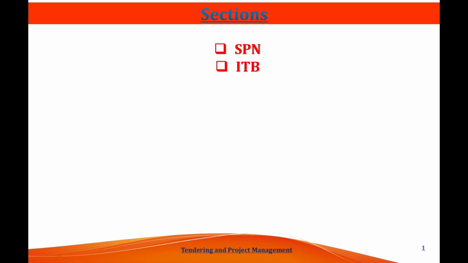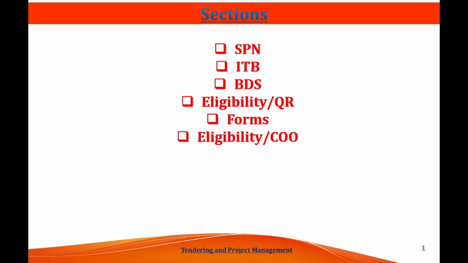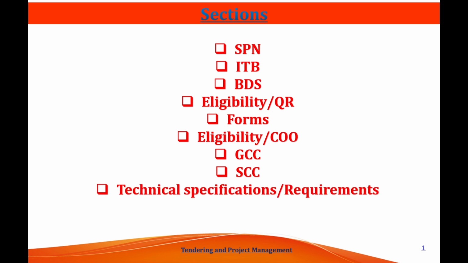Then the next section will be information to the bidders, then bid data sheet, then eligibility or qualification requirements, then forms, then the eligibility or country of origin, then probably general conditions of contract, then special conditions of contract, and the final 2 points, which are not mandatory but on a case-to-case basis the client may provide: technical specification or requirements, and sample drawings or sketches or concept.